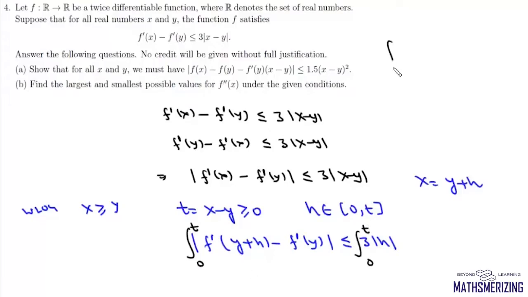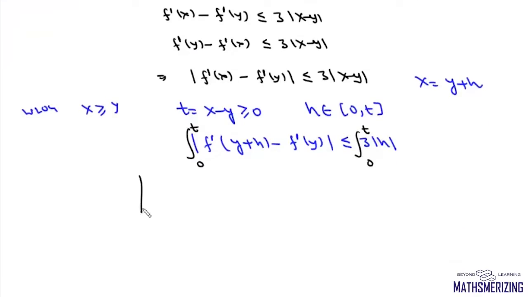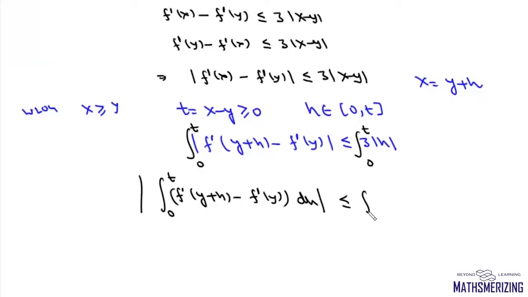Now we know that the integral from 0 to t of mod fx dx is greater than or equal to the mod of the integral of fx dx. So we'll write this: mod of the integral from 0 to t of f dash y plus h minus f dash y dh is less than or equal to the integral from 0 to t of 3 mod h dh.